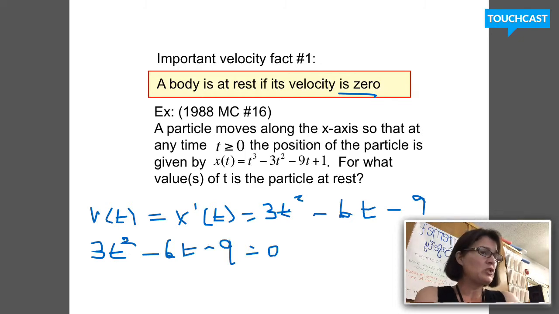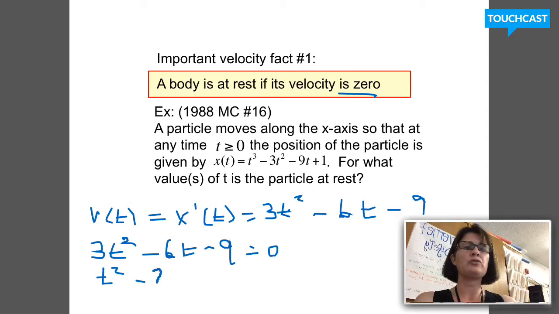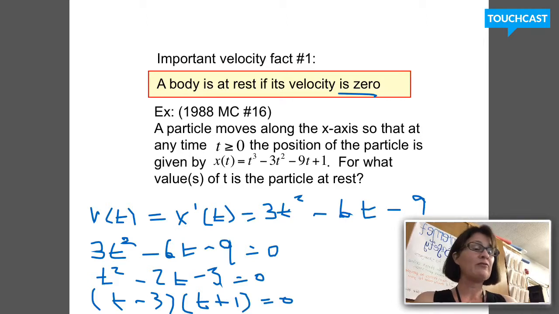And now all I have to do is solve this equation. So I'm going to divide everything by 3. I get t squared minus 2t minus 3 equals 0. I'm going to have to factor this as t minus 3 times t plus 1 equals 0. And for me, that has two solutions. So my solutions are time equals 3 and time equals -1.